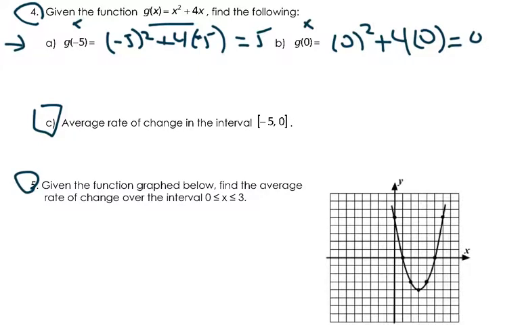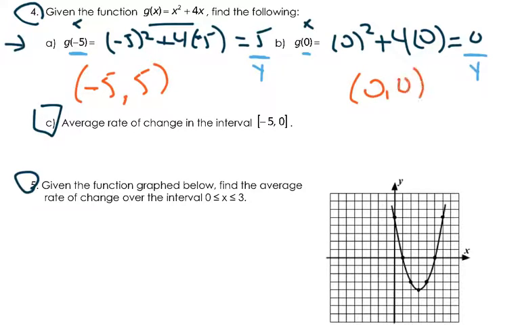What this is saying is that when the x value is negative 5, the y value is 5. So if you had to make this coordinate point, it would be (negative 5, 5). And here, the same thing. The x value is 0, and the y value is 0. So this coordinate is (0, 0).